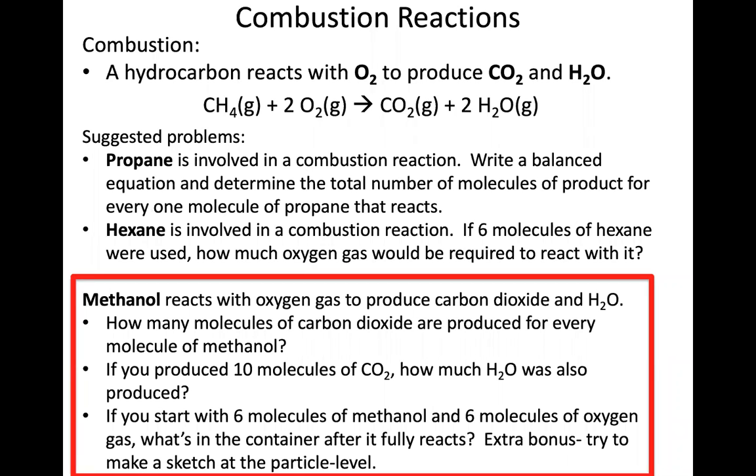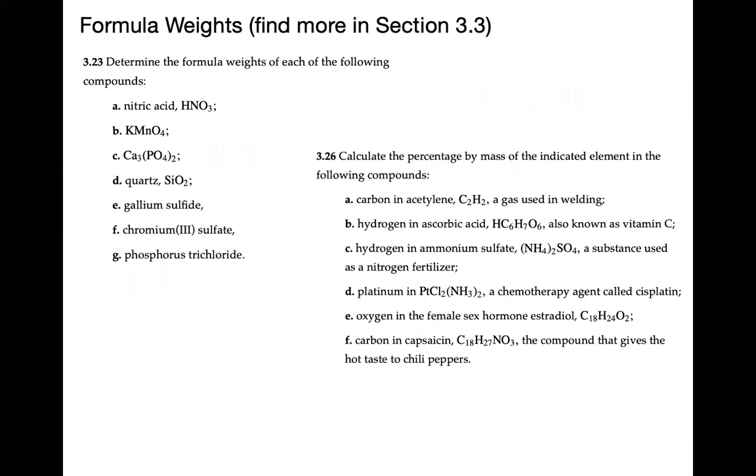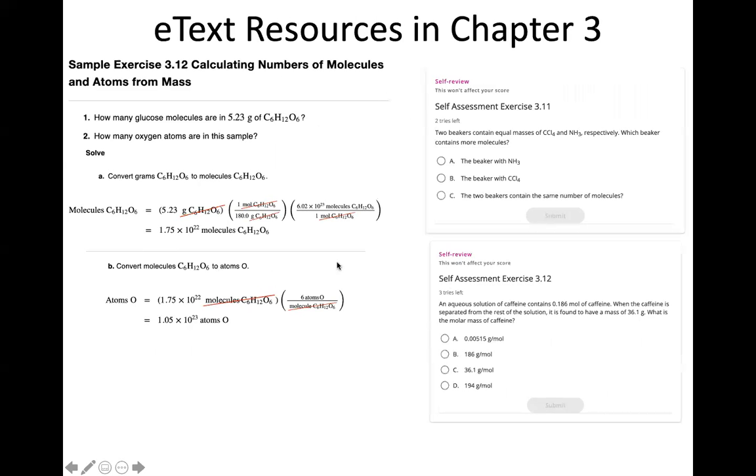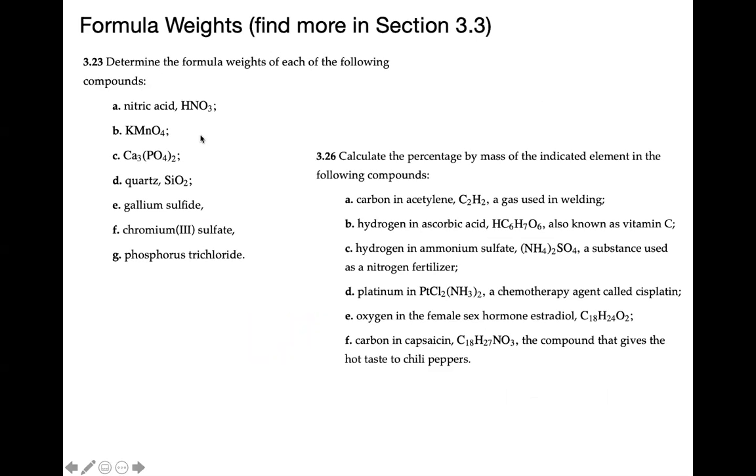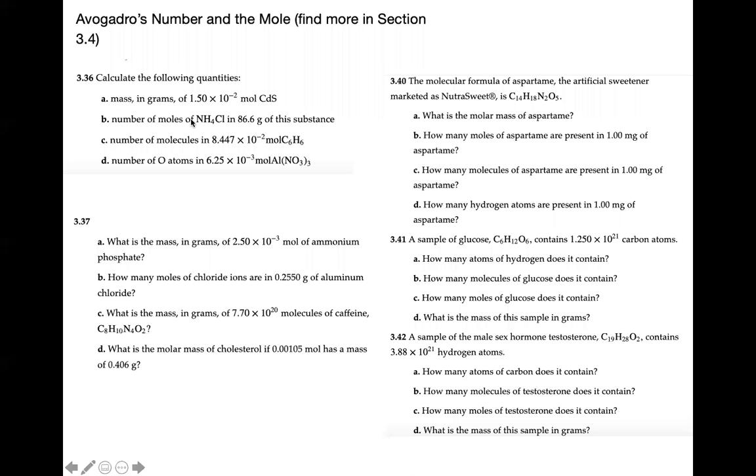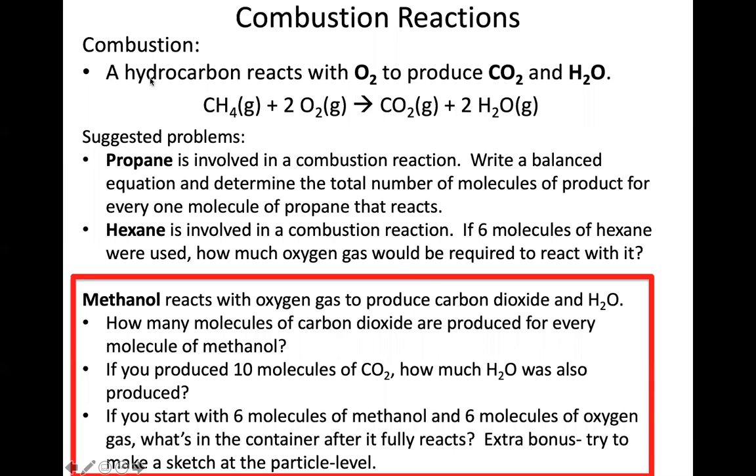Now, if it seems like we're finishing up class, my main point is that there are resources in the e-text to look at when it comes to calculations. There are good representative problems for you to begin to practice. Those practice problems include the ones that I know you're going to have to work on in order to master this, and we can have these other suggested problems for you to work on.